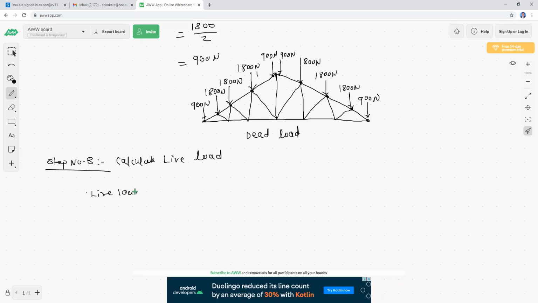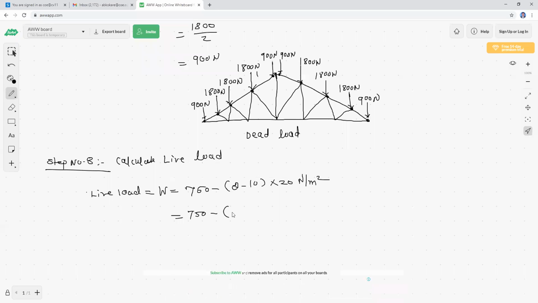So live load W is equal to, what is the formula? 750 minus theta minus 10, into 20 Newton per meter square. This is the formula for calculation of live load. Now we have to put the value of theta only, which we have already calculated. Theta is nothing but the slope. So 750 minus, how much slope is there?